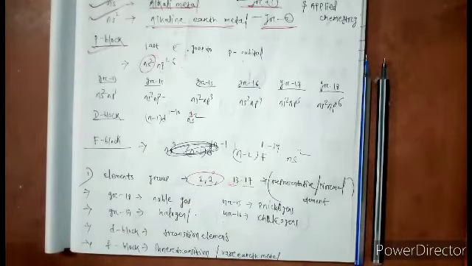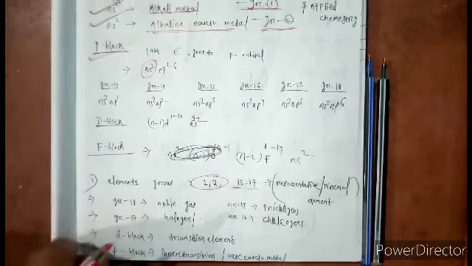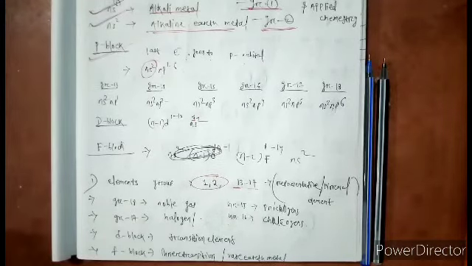So which groups are normal or representative elements? Group 1 and group 2, the alkali metals and alkaline earth metals, and also the groups lying between 13 to 17, that is 14, 15 and 16.